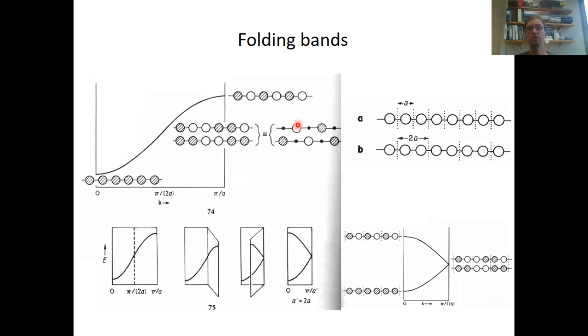behavior using band theory? In order to answer this question, we have to first learn a little bit about folding bands. Okay, so a band can be folded when the unit cell parameter increases. For instance, we can define our unit cell to be the distance between the hydrogen atoms within our hydrogen chain.